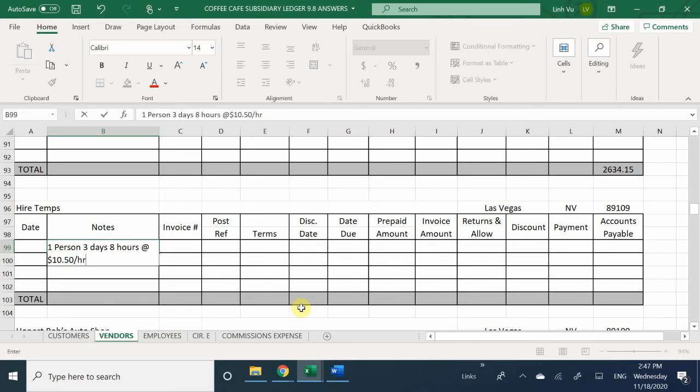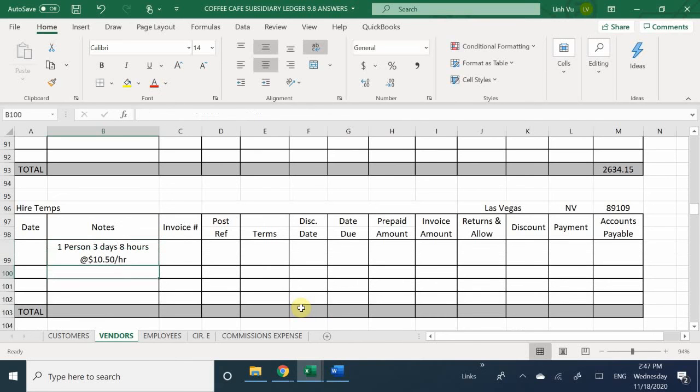Right? And then obviously we're going to have room to write our check in there. So there you go. This is just key information that I need to know when I'm dealing with this vendor: this is what I requested. One person to work 3 days, 8 hours for $10.50 an hour. But we're not putting today's date in there, because it hasn't really happened yet.